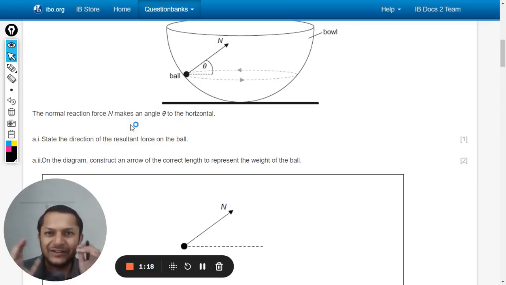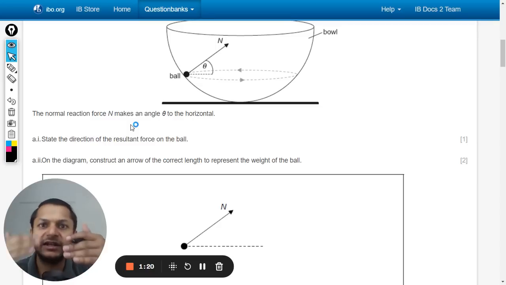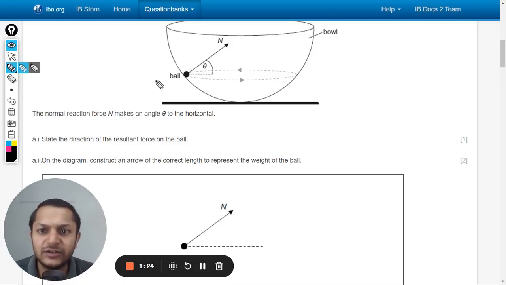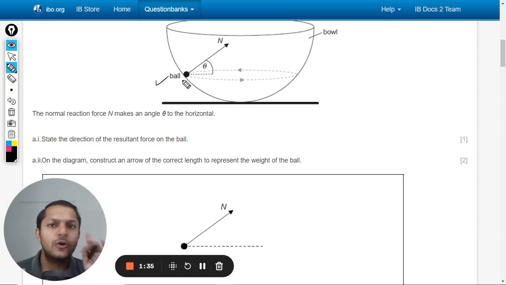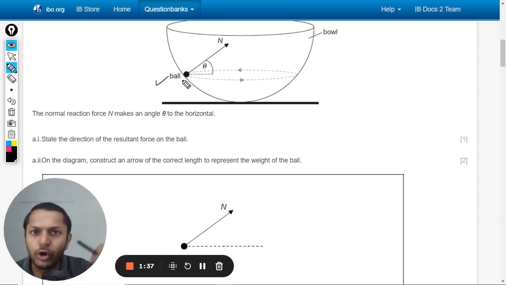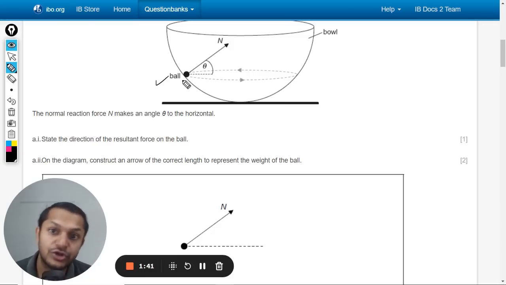So we must be trained to understand that this statement is not actually concerned with the other statement. This statement is only about the circular motion of the ball, but the earlier situation was about simple harmonic motion. So there are two questions. One question has simple harmonic motion of the ball and the other has the ball moving in a uniform circular motion.